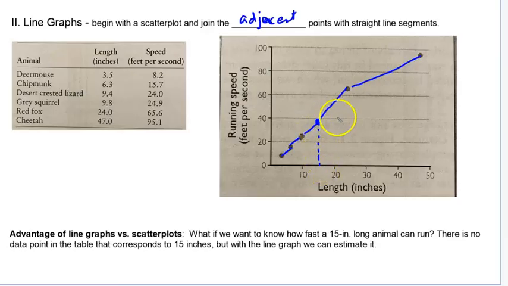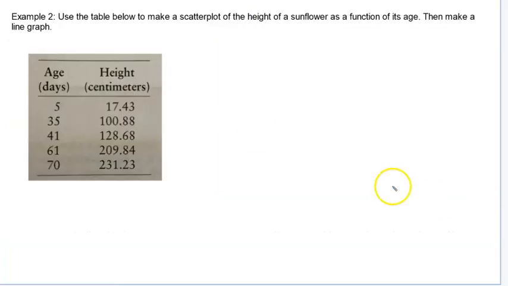So just about 40, a little less than 40, is the running speed for an animal. 40 feet per second is the running speed for an animal that is 15 inches long. So just wanted to highlight that advantage that stands out for line graphs over scatter plots.